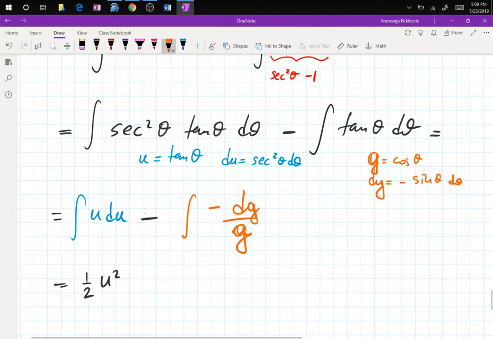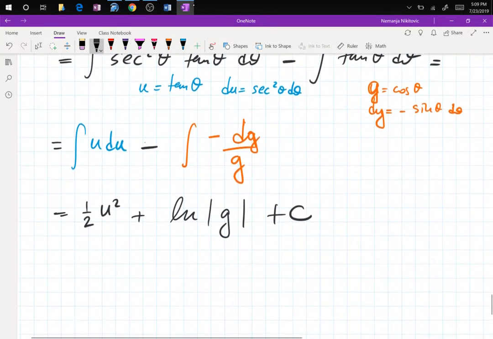I'm not sure if you worked with the g substitution before. It's the same as u, it's just using a different letter. So now to integrate these, there is a plus, and this becomes ln of g, everything plus c.